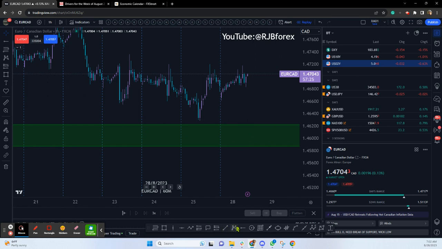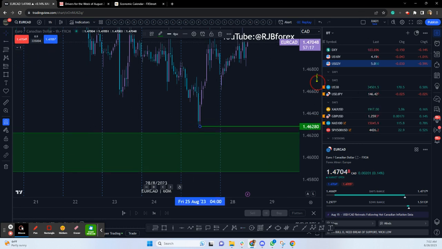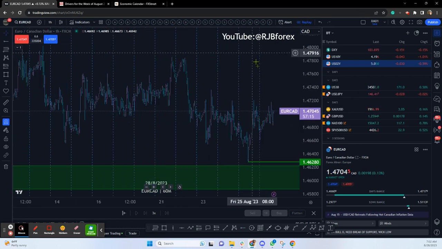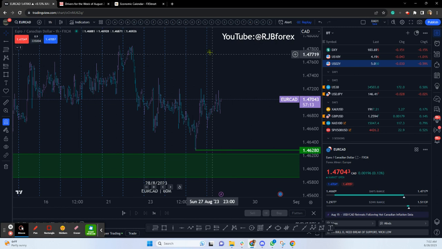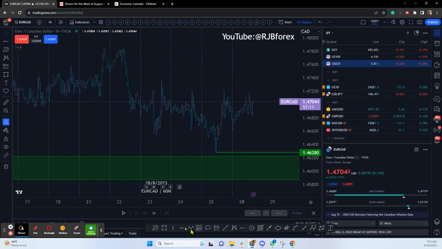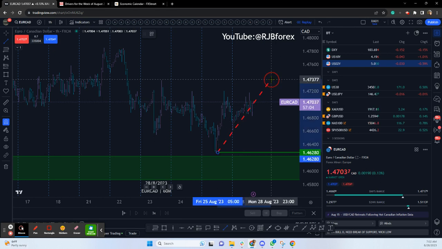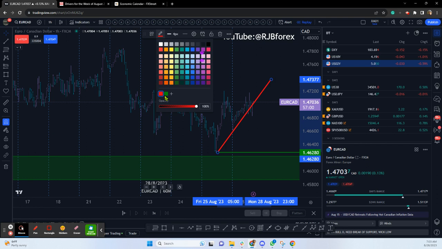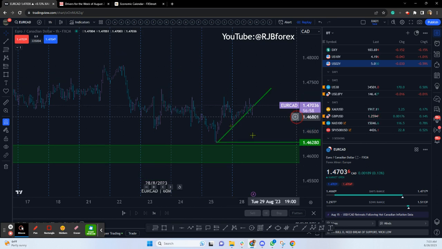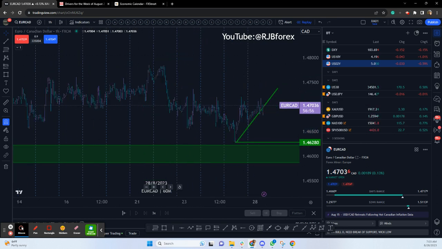Yeah, for me, it needs to break below 146.28 to seal the deal on the downside. Meanwhile, we are trying to move up. But no bias either way.